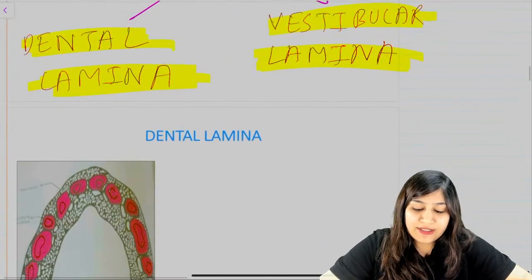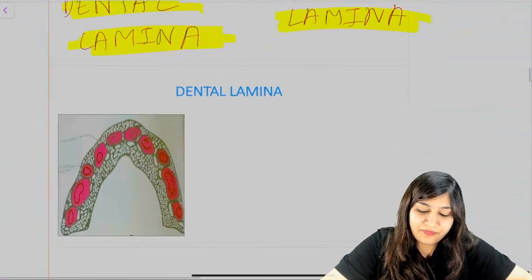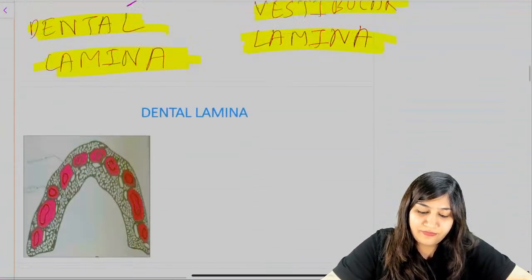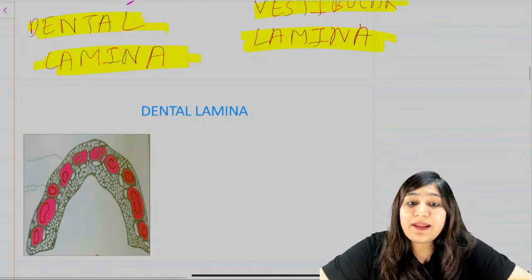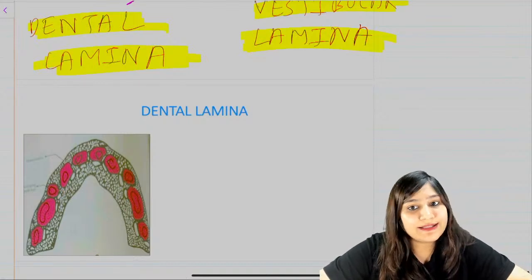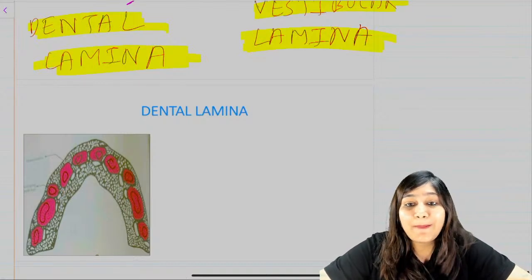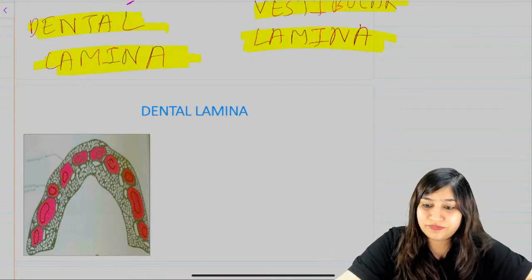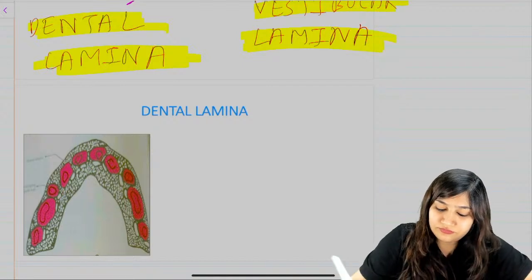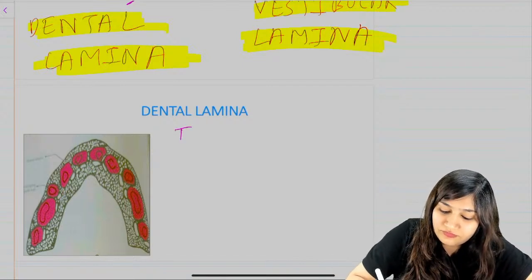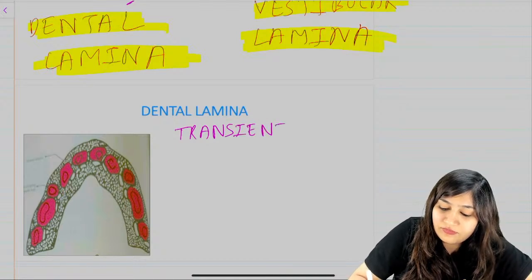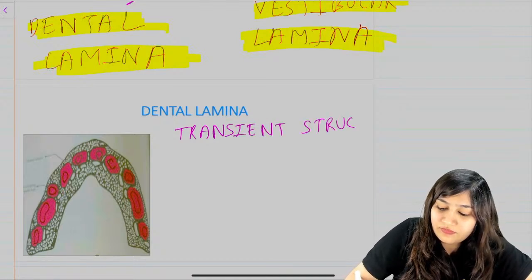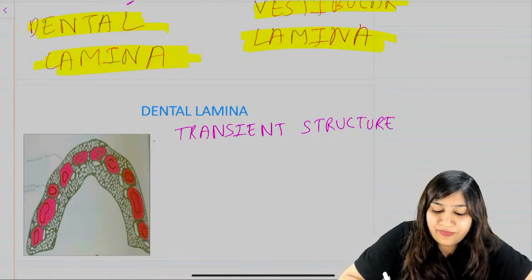So coming to dental lamina. Dental lamina is basically a transient structure. It is not a permanent structure. Transient means temporary structure. It will disappear after some time.